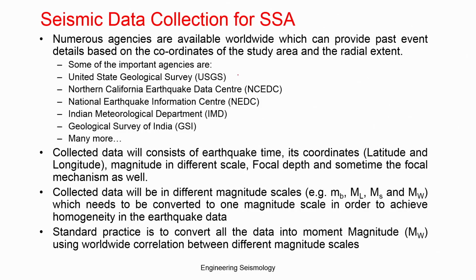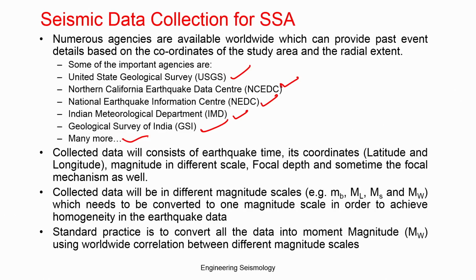Once you have identified your seismic study area, you have to collect earthquake data within it by browsing different sources and compiling the data. For example, USGS, Northern California Earthquake Data Center, National Earthquake Information Center, IMD, and the Geological Survey of India, and any other site.